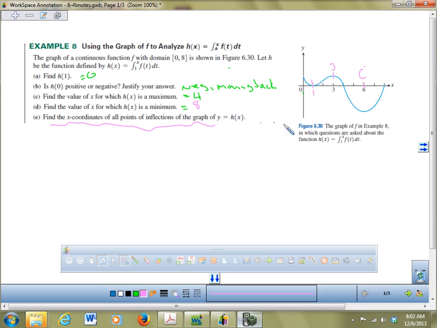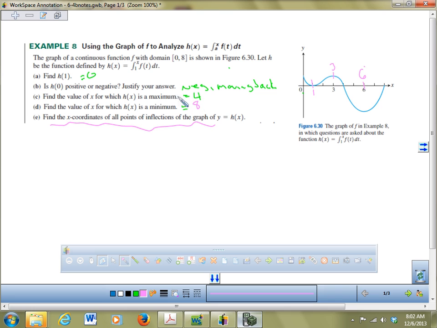So the derivative would be, here's f, which is the first derivative of h. Yes? F is the first derivative of h. A point of inflection occurs when the second derivative is changing from negative to positive or positive to negative.